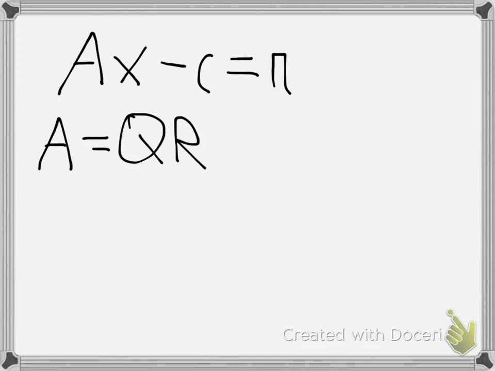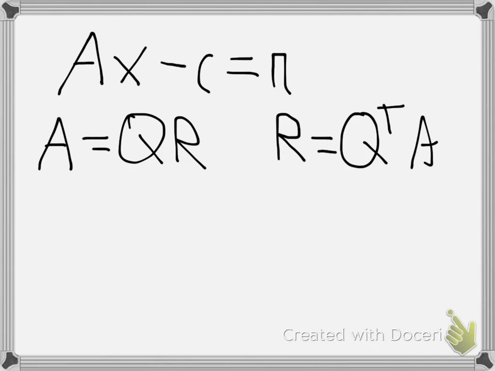So recall that the QR factorization is when you decompose a matrix A into two matrices Q and R, where Q is orthogonal and R an upper triangular matrix. And recall that R can be found if you multiply A by Q transpose. Then we will solve the least square problem in the following way.